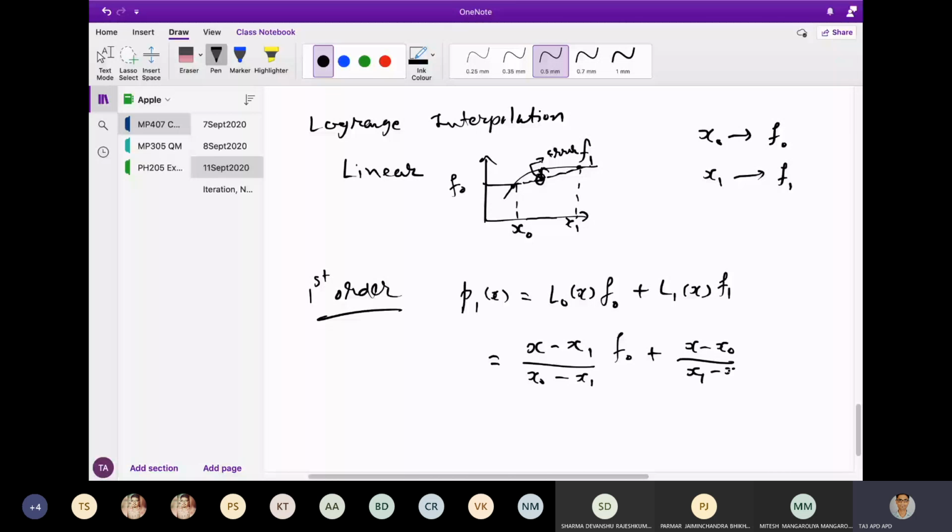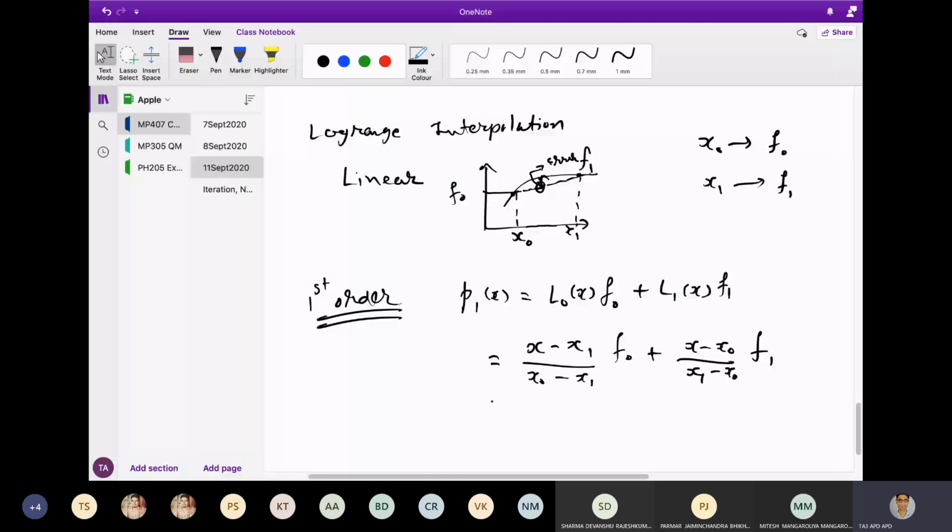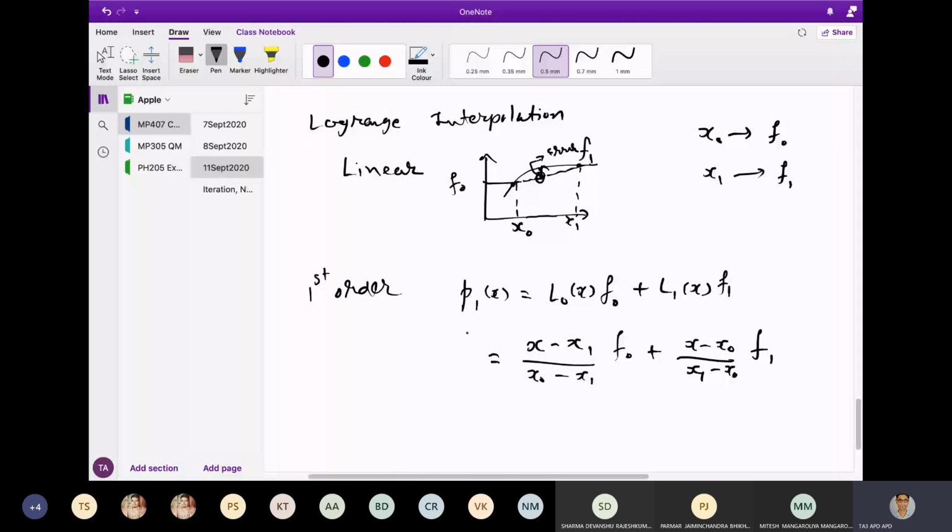So this basically gives you an estimated answer between two data points.